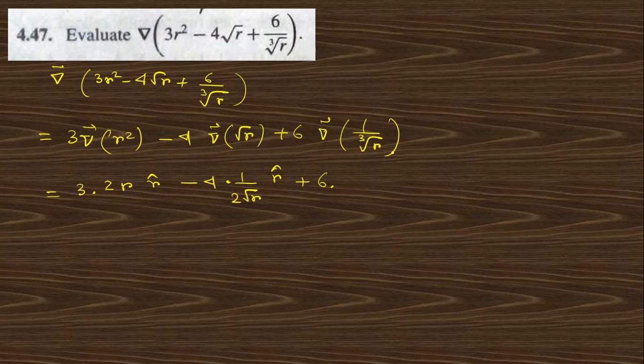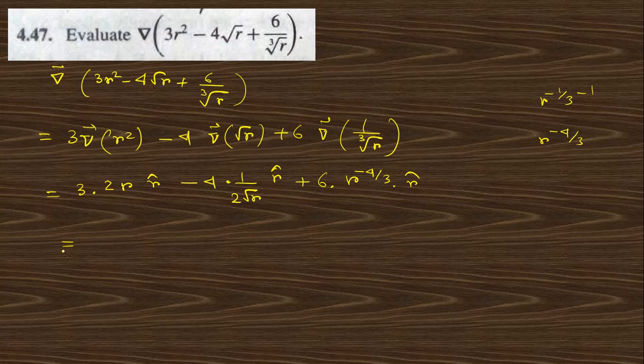Similarly, this is nothing but minus 1 by 3. So minus 1 by 3 minus 1 is r to the power minus 4 by 3. So this will be r to the power minus 4 by 3 into r cap.